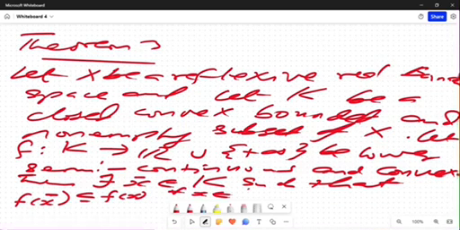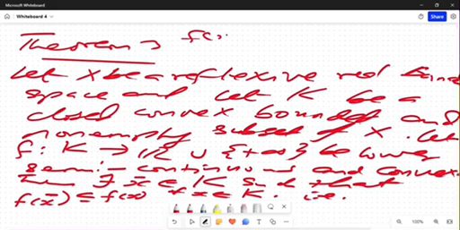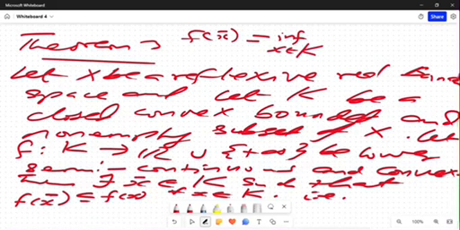That's for all X in the domain of f, which is capital K. Okay, that is what we are saying, that f of X bar is equal to the infimum, that's the minimizer. Infimum as small x varies in the domain of f, which is capital K, of f of x.